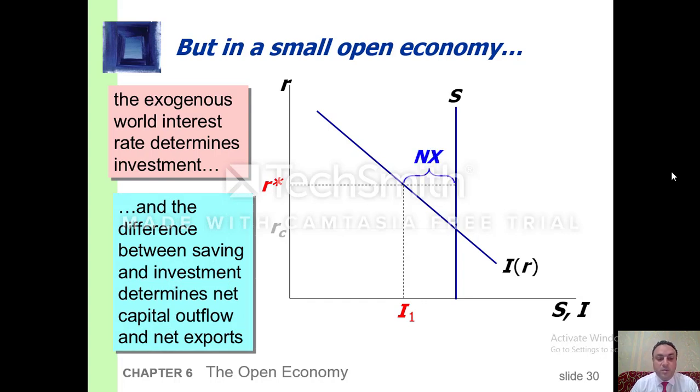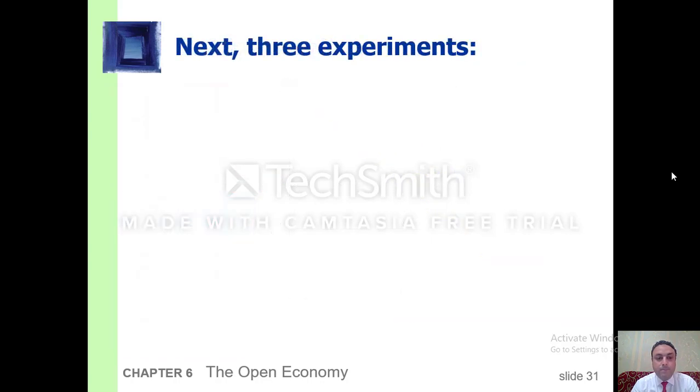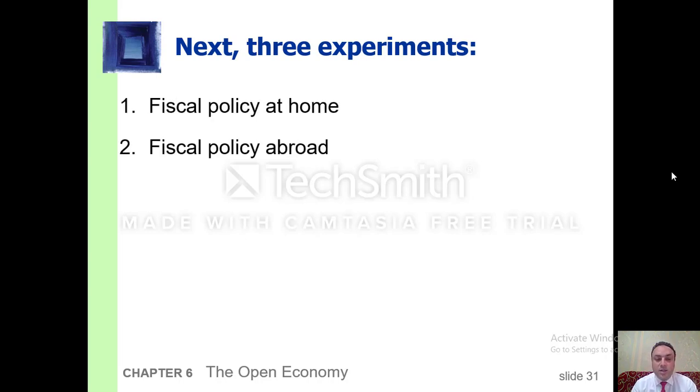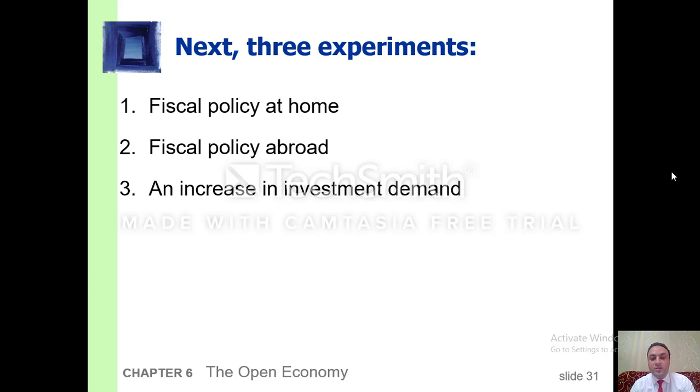Then we have the difference between saving and investment in this case, which determines the net capital outflows, and the net exports, the difference between exports and imports. According to these concepts, we have three experiments: the fiscal policy at home, the fiscal policy abroad, and the increase in investment demand.